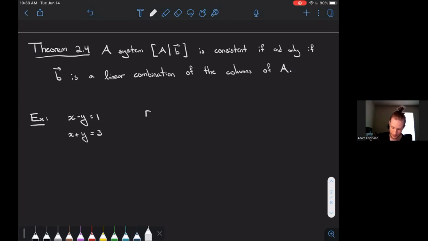Let's write down the augmented matrix for this system. So this system is 1, -1, 1, 1, augmented with 1, 3. The system is consistent. You can do row reduction to reduced row echelon form. Well, it has a unique solution. We'll just say x equals 2, y equals 1.